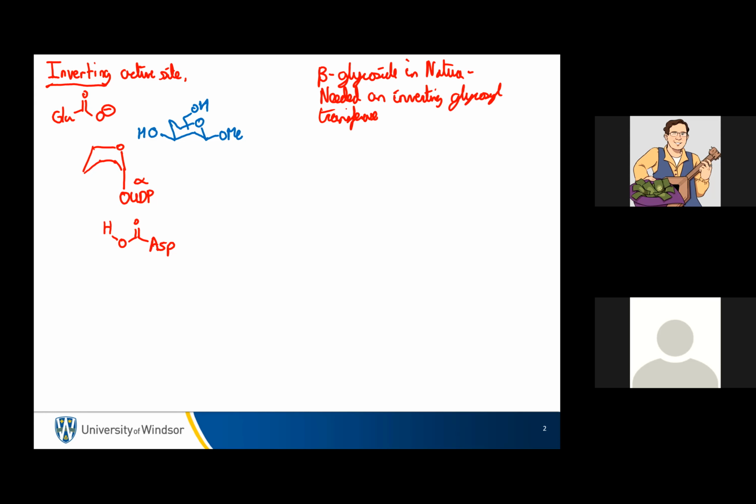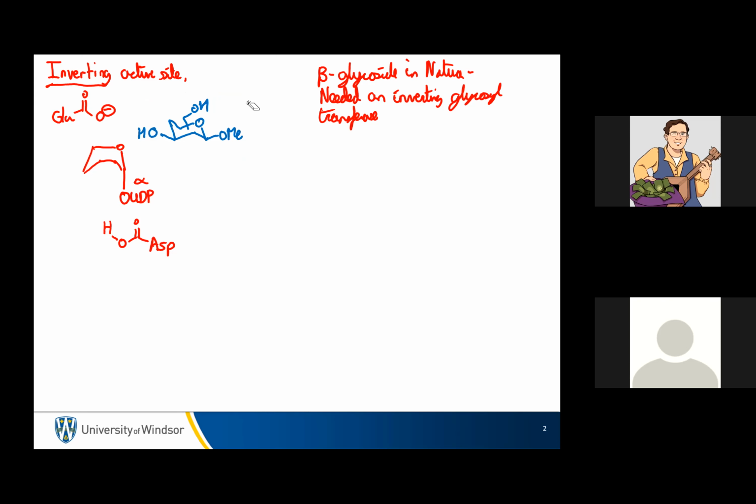So they add them one monosaccharide at a time to the oligosaccharide, and they can target which OH of the oligosaccharide it adds to based on which glycosyltransferase it is. Every glycosyltransferase is specific for a given glycosyl acceptor and a given glycosyl donor.